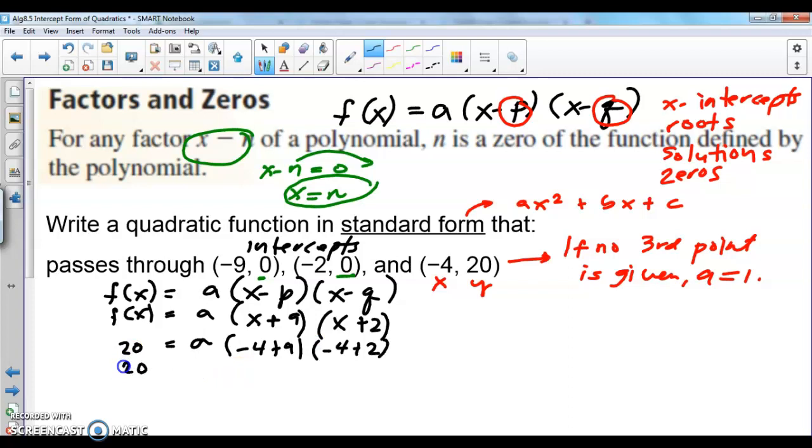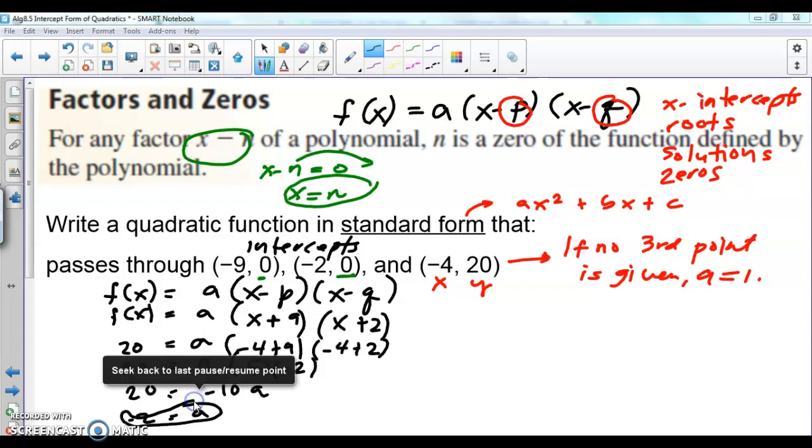So 20 is equal to a times the quantity. Negative 4 plus 9 is 5. Negative 4 plus 2 is negative 2. So if you simplify that, you get negative 10. So 20 is equal to negative 10 times a. If you divide both sides by negative 10, you get a is equal to negative 2.